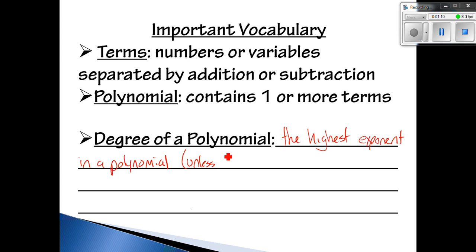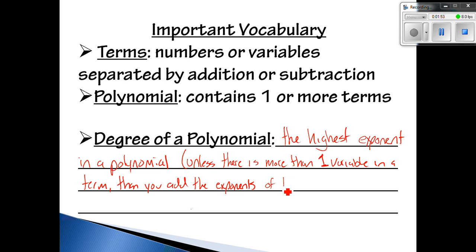Okay, so it's the highest exponent in a polynomial, unless, dun dun dun, there's more than one variable in a term. Remember, more than one variable in a term. Then you would add the exponents of the different variables.